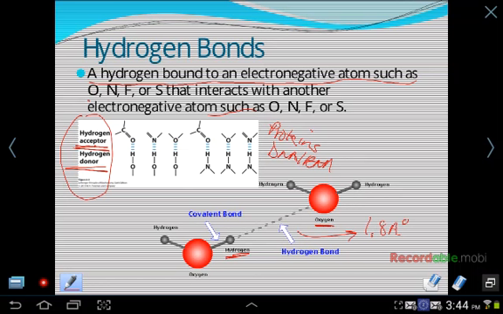Now, hydrogen bonds all by themselves may not be very strong. One individual hydrogen bond is only about 20 kilojoules per mole. Compare that to a covalent bond, such as here, which is 460 kilojoules per mole. However, if you get enough hydrogen bonds between molecules, that 20 kilojoules per mole per hydrogen bond can add up really quickly.